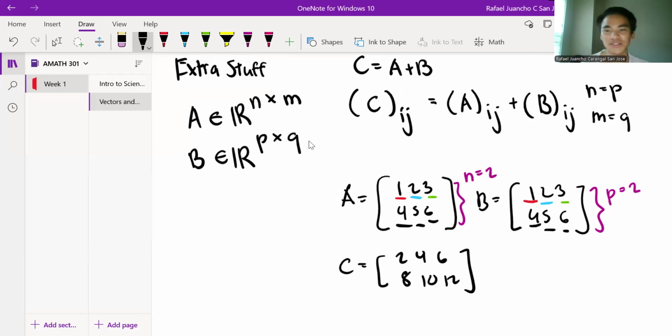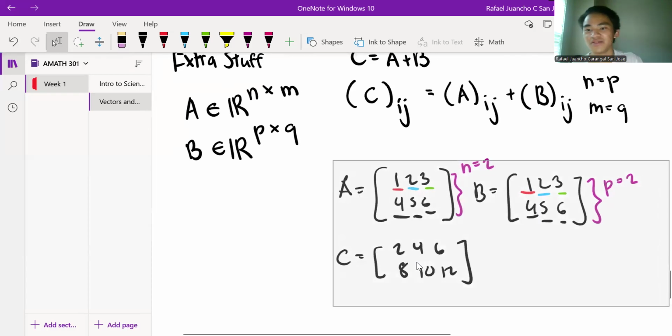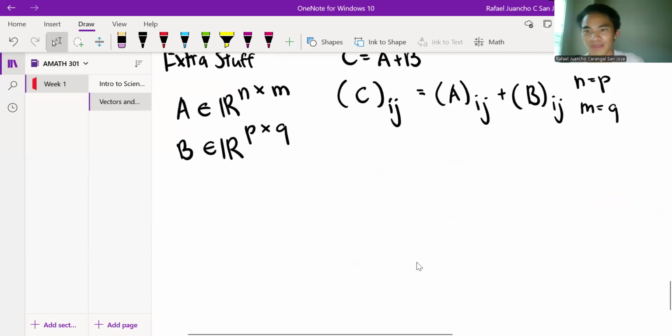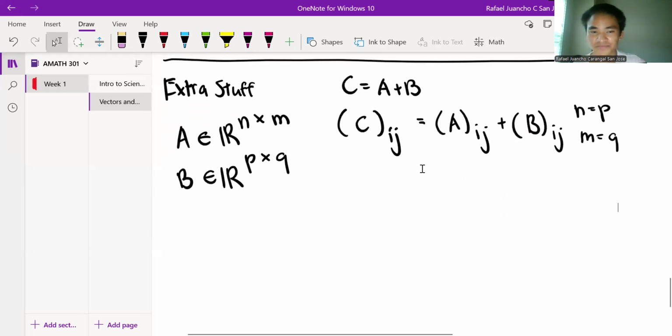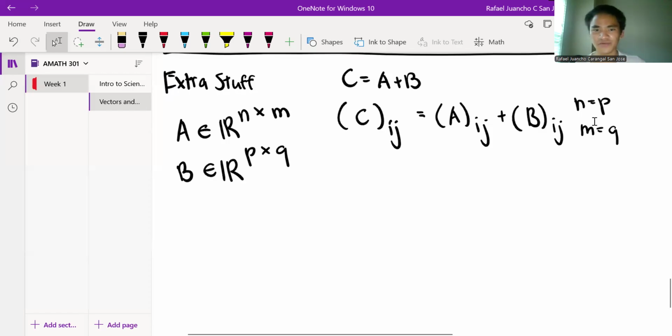Both matrices have to have the same columns and the same rows, same number of columns and same number of rows, so that we can add each value from matrix A to the corresponding value in matrix B. So that's the idea. N should be equal to P. These two are equal. These two are equal.